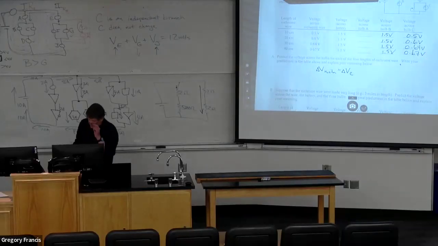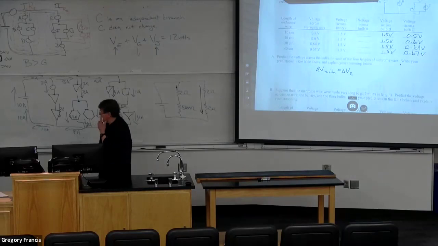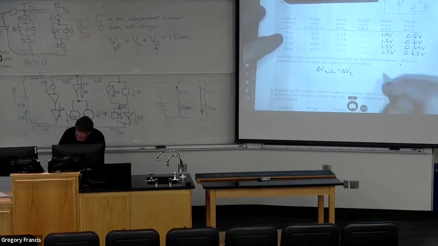Well, now how do I figure out the voltage across bulb A? Any path from one side of the battery to the other has to have a voltage drop equal to the battery voltage. And so that means that the voltage across the nichrome plus the voltage across bulb A has to add up to 1.5 volts of the battery.